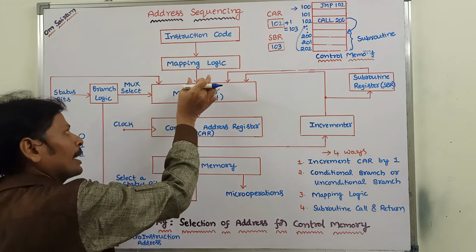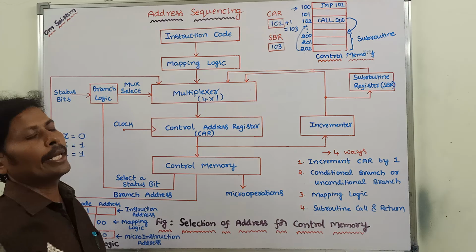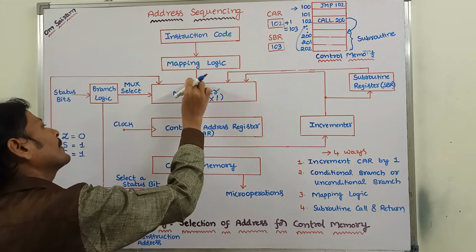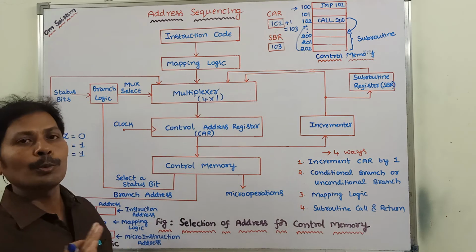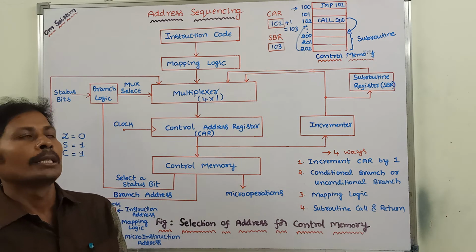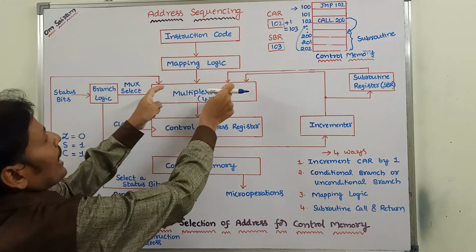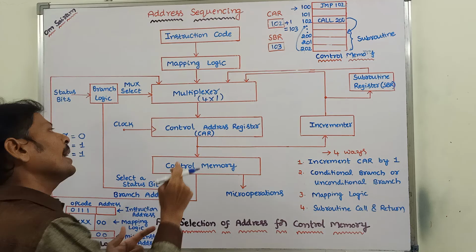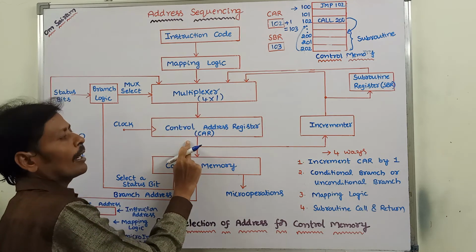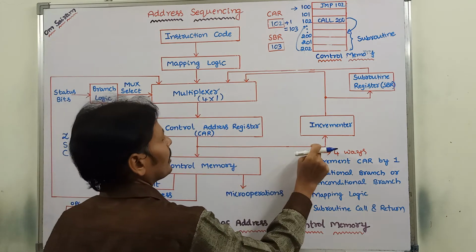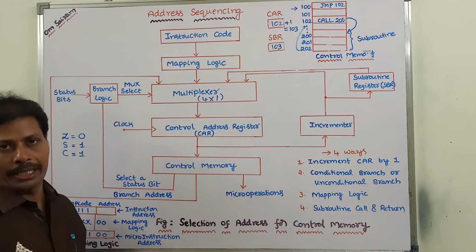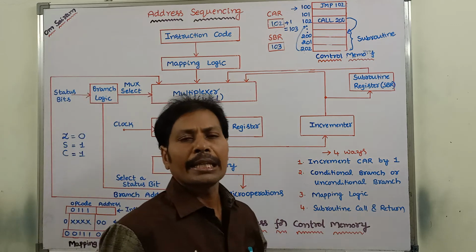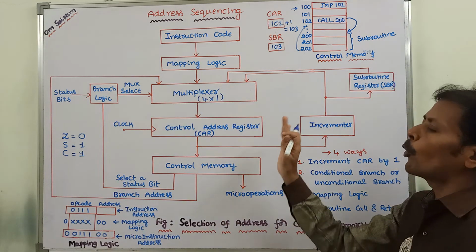That selected branch address is loaded into the control address register. Suppose the multiplexer output value is 0, then we are not selecting any branch address among the 4 alternatives. Simply we increment the content of the control address register by 1. Okay, so in this way, address sequencing can be done in 4 ways.